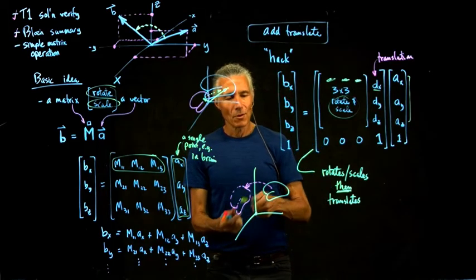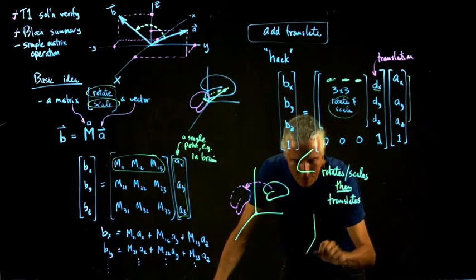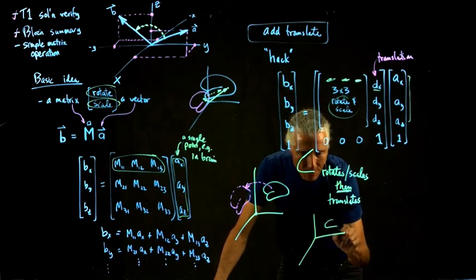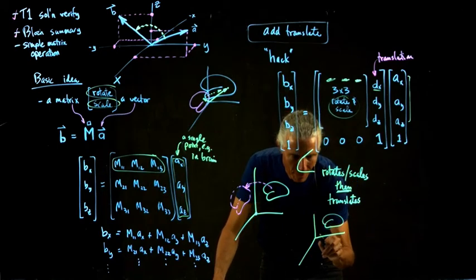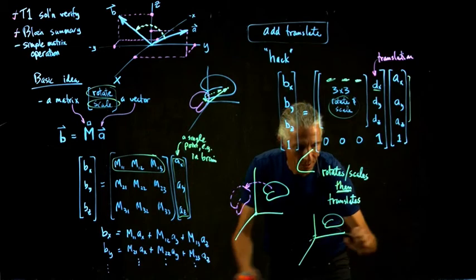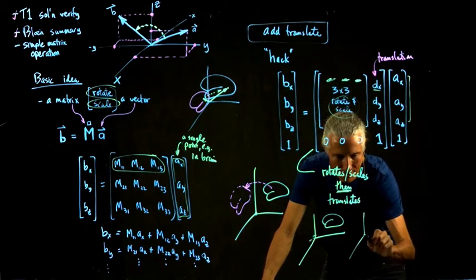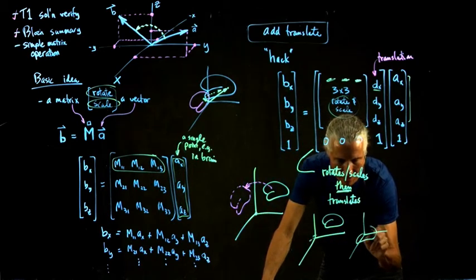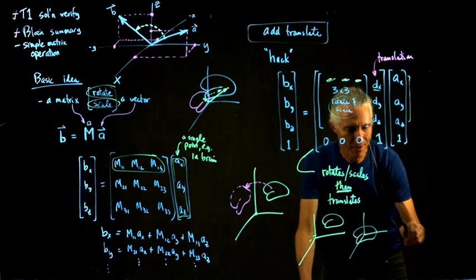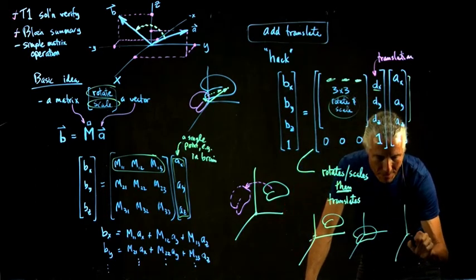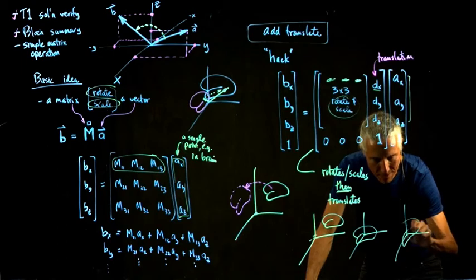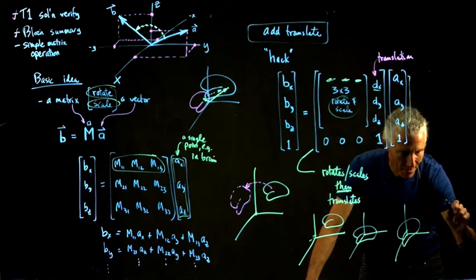So how would you do that? First you would untranslate the brain so you're centered again. Then rotate, so now we rotate centered, and then retranslate.